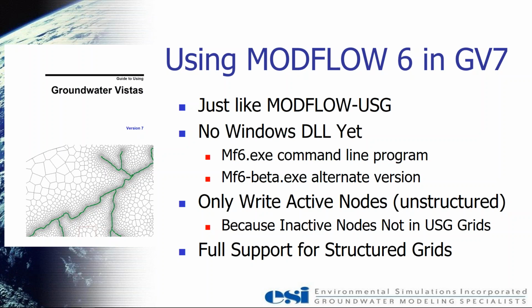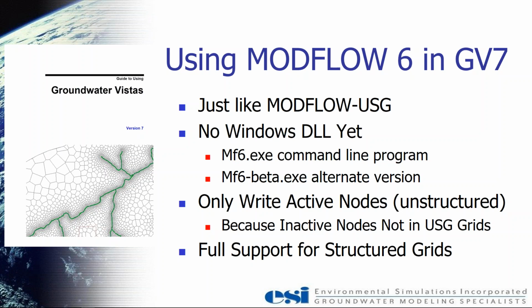A couple of important notes on how MODFLOW 6 is used in Groundwater Vistas. Within MODFLOW USG, what we started doing in Groundwater Vistas 7 is we added an option called Only Write Active Nodes. And this is for the unstructured grids. If you have nodes that pinch out or inactive cells, Vistas omits those when it writes the unstructured grid.